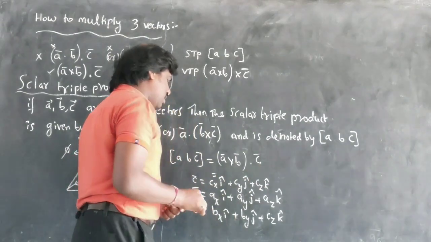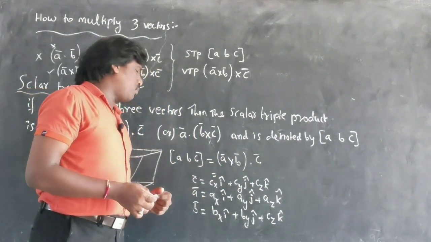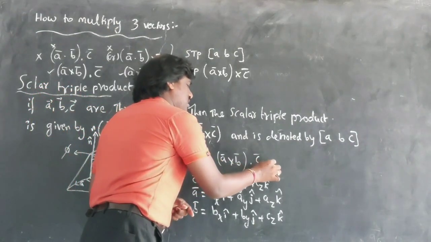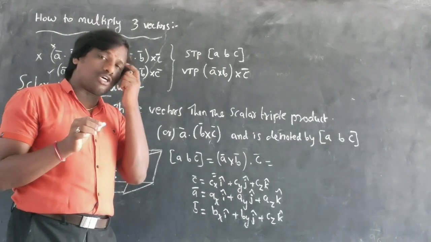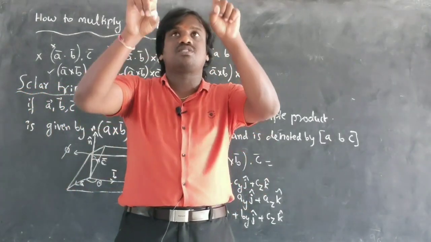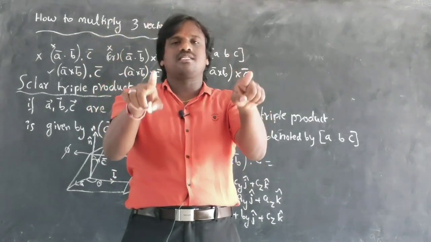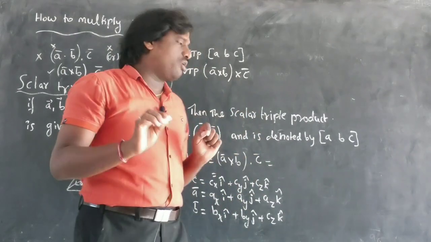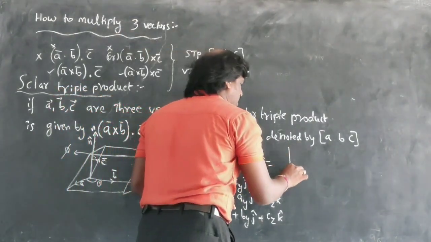Let us suppose three vectors like this. So if I suppose this, then what can I write? A cross B. As you know, how will we find A cross B? We will find it using the determinant.